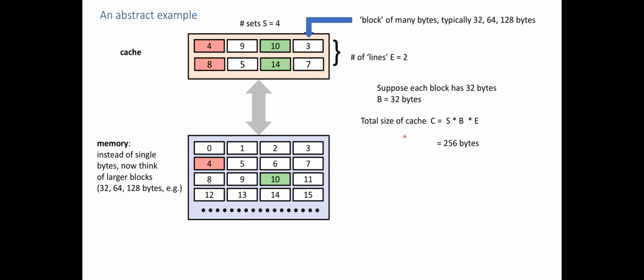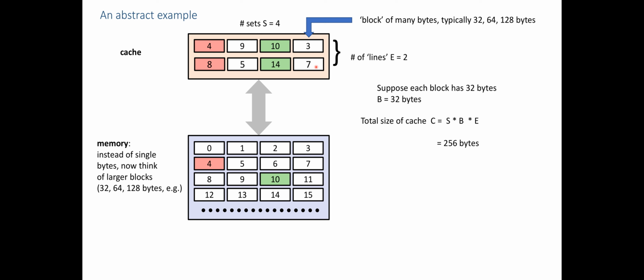And we know that we have 4 sets here. The number of bytes in cache is always the number of sets times the number of bytes in one of these blocks times the number of lines.